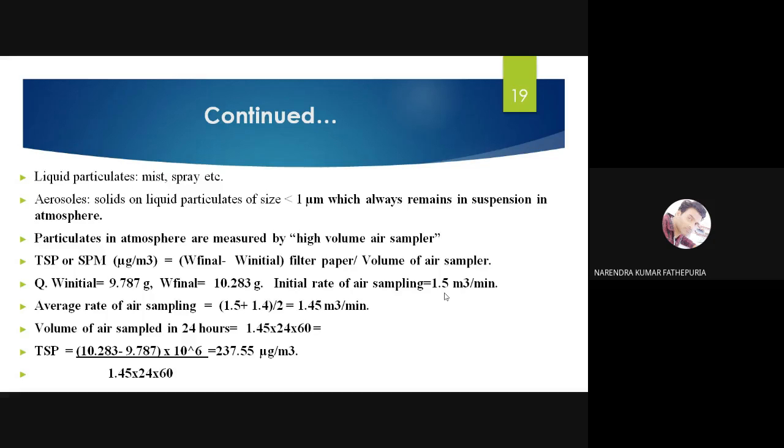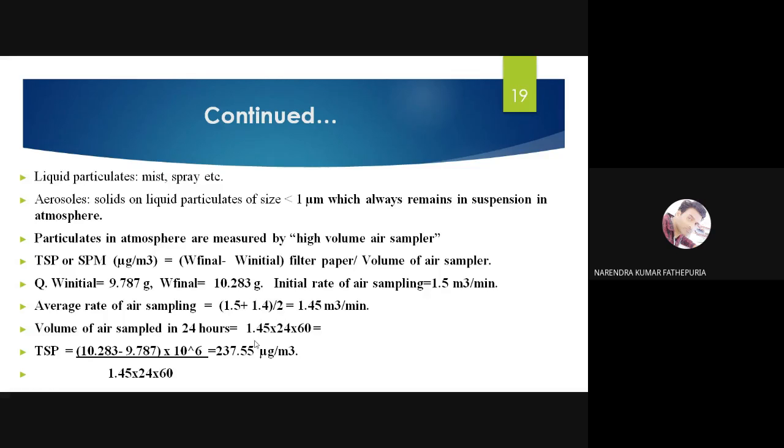The final rate is 1.4 cubic meter per minute. You can determine the average rate: 1.5 plus 1.4 divided by 2, which is 1.45 cubic meter per minute.